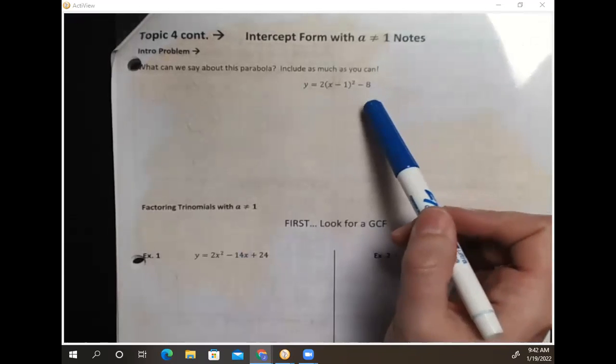Jot down everything that you can tell me about that function, just as sort of a refresher. Everything you can tell me about this function right here.